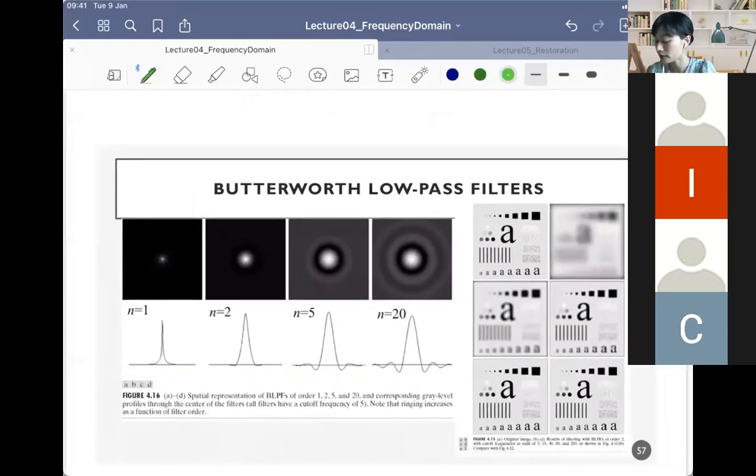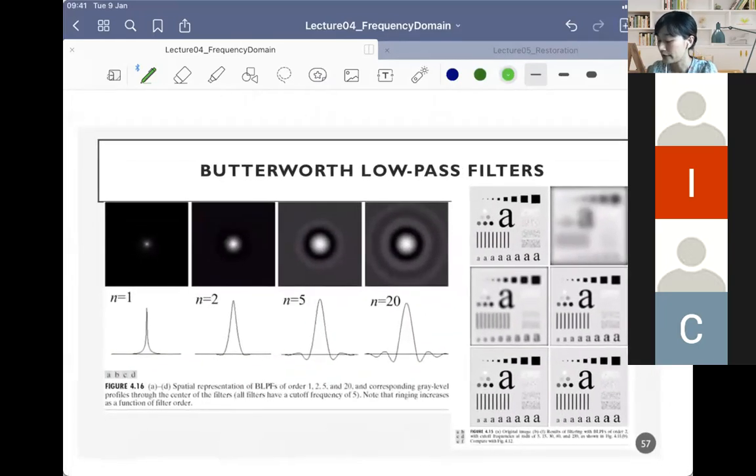Whenever we increase the value of n, you will see fluctuated values here. It means that some components have been removed, and there are high frequency components that are still included in the low pass filter.